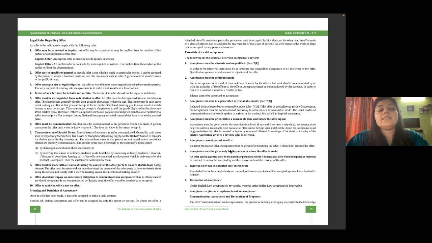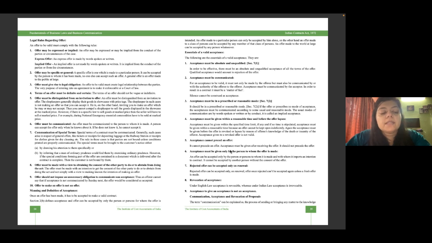The offer must give rise to legal obligations. The terms of an offer must be definite and certain. The next is that the offer must be distinguished from an invitation to an offer. Sixth, the offer must be communicated. The seventh is communication of special terms.